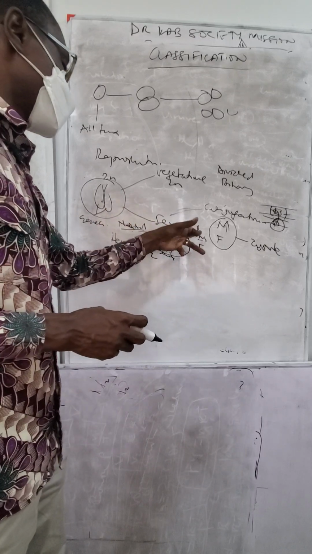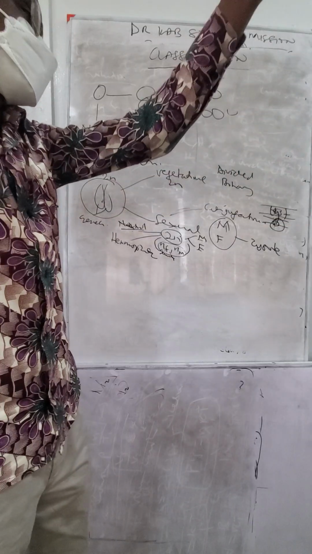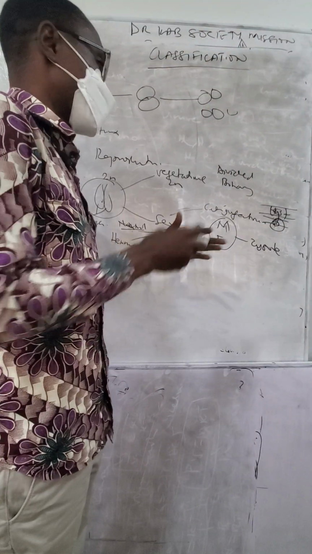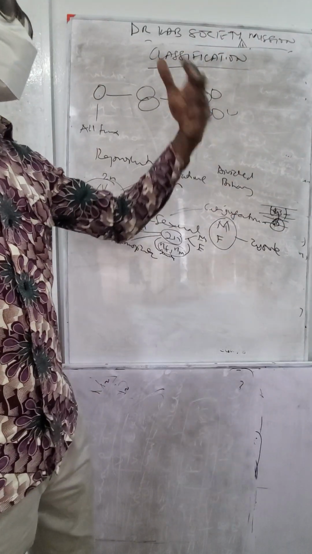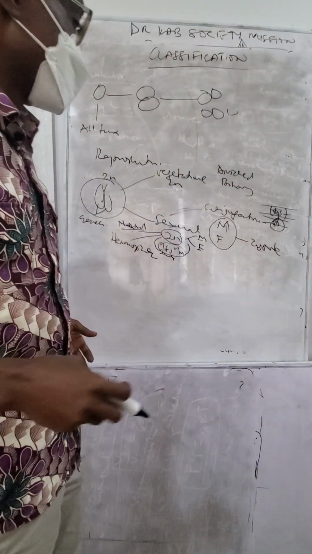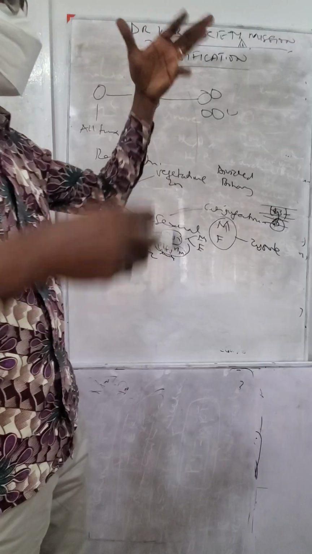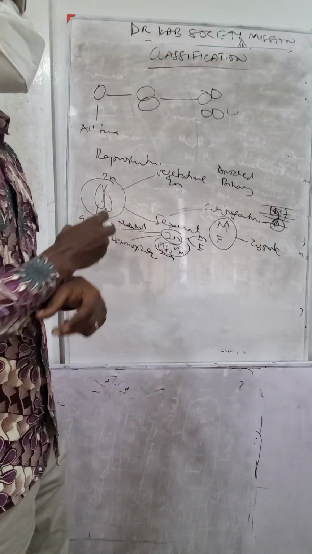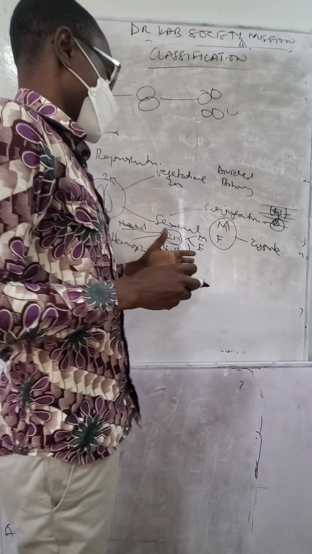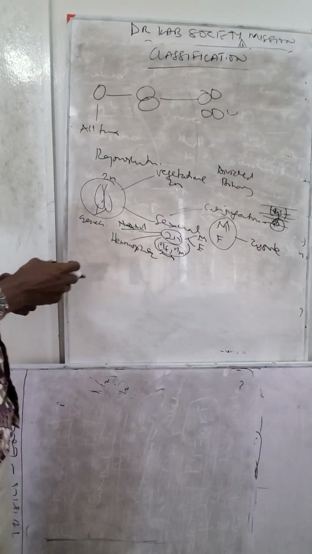If it's separate male and female, then maybe they have to by some means meet. That is if they can move. If they can't move, then there should be some agent to bring them together. Like where you have a female pawpaw and a male pawpaw, the wind or insect can help with the fertilization. Okay? And so look at it in that sense.